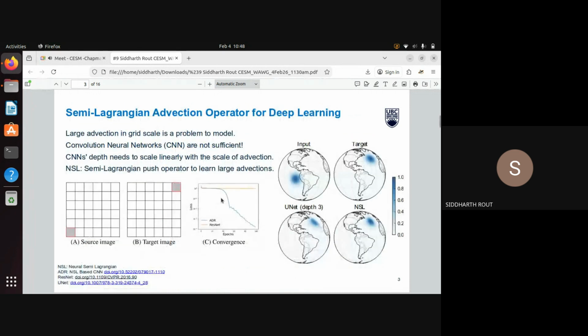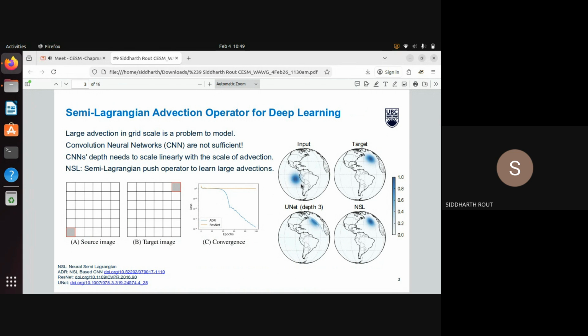But there's another concern that I will focus on. So we started off with this project. Typical neural networks are inefficient for large advection in the model, which is typical if I take a large time step. For example, my lead time is, say, 1 year or something like that.